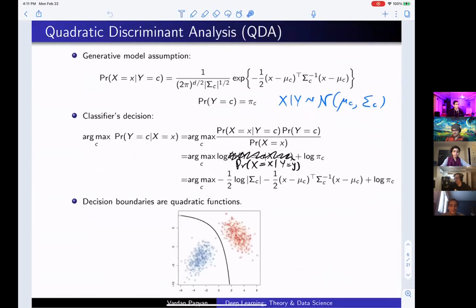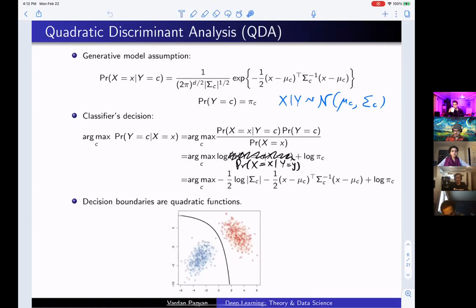And what Fisher proposed was what's called, first of all, quadratic discriminant analysis. And quadratic discriminant analysis is essentially assuming that your data, once restricted to a given class, is distributed as a multivariate Gaussian distribution, a multivariate normal distribution.